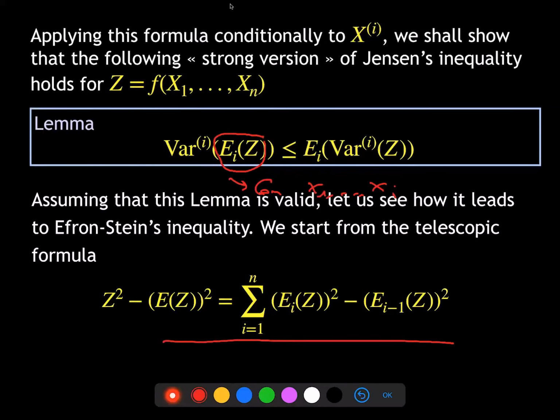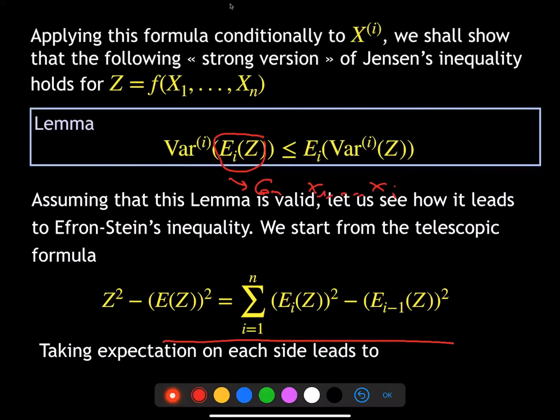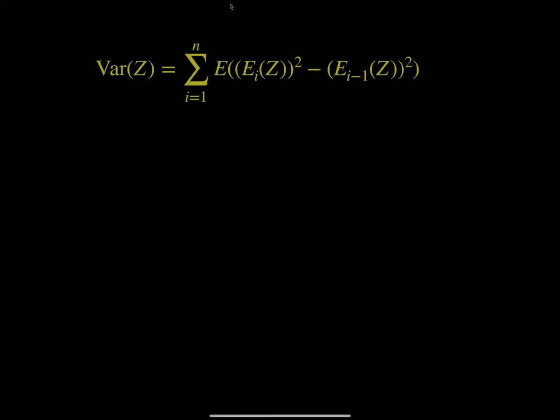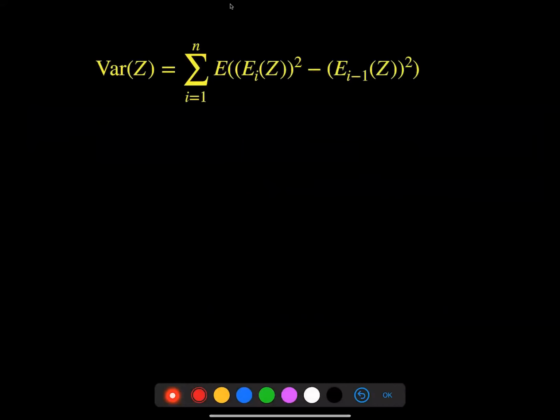But it's an expansion, not an orthogonal expansion. It's a telescopic formula. And we take expectation on each side. So if we do that, we of course recover the variance on the left-hand side. And on the right-hand side, we see these quantities appear here.